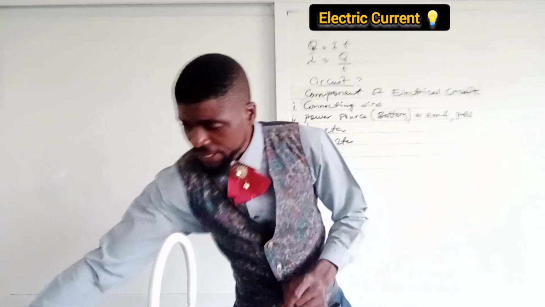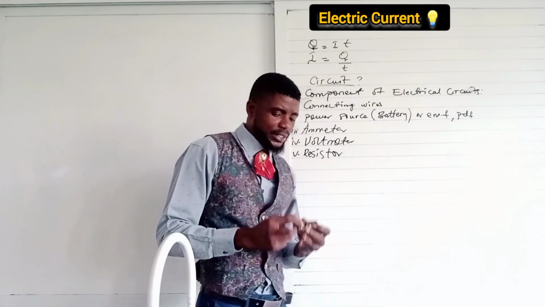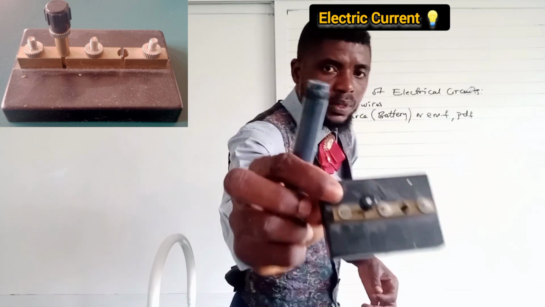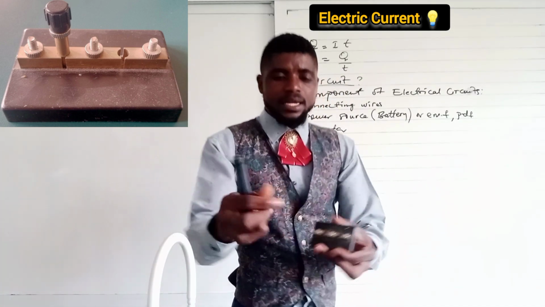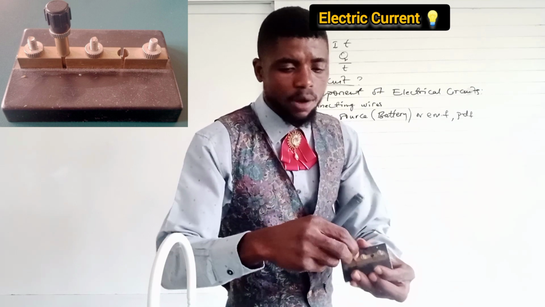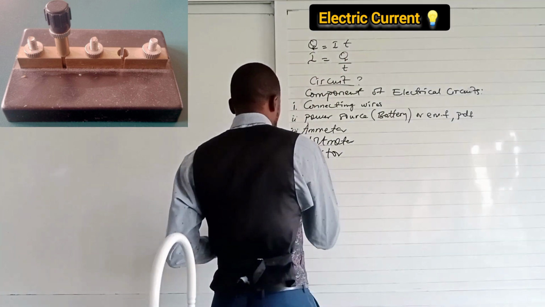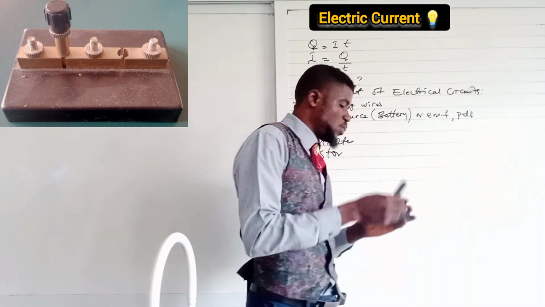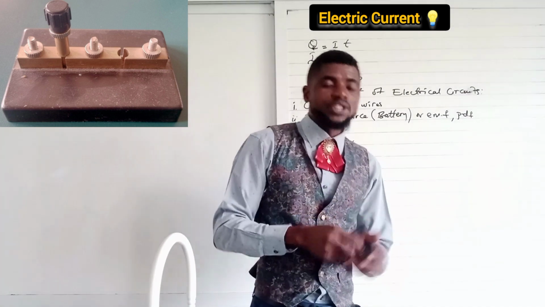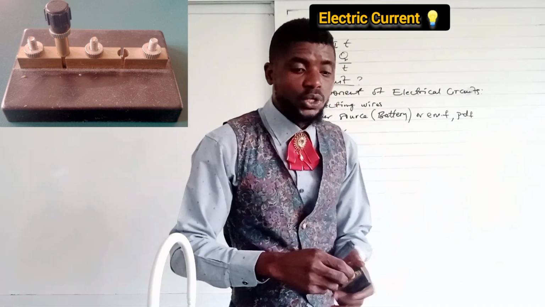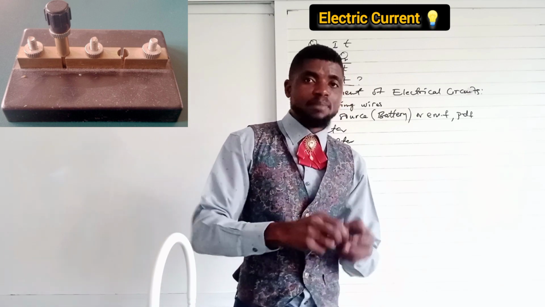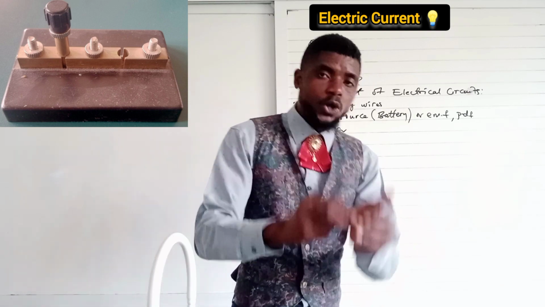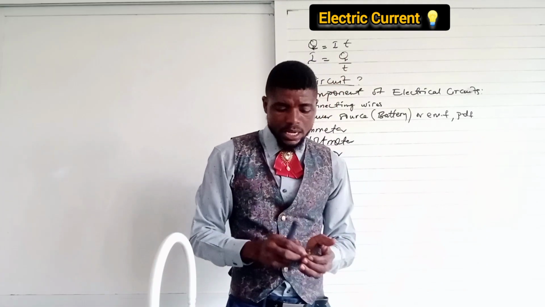The next thing we want to look at is the key, or the switch. Very, very important electrical component. The key does the work of controlling what happens in the circuit, to switch the current on or off, to make or to break the circuit.